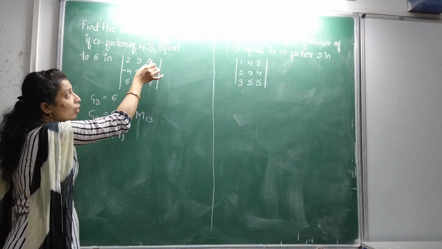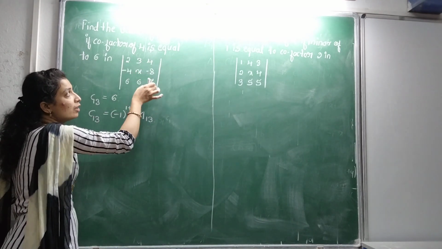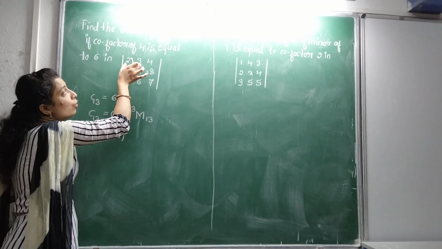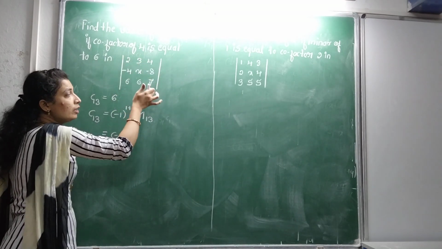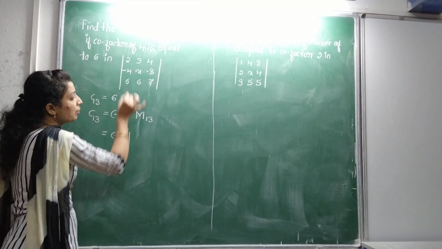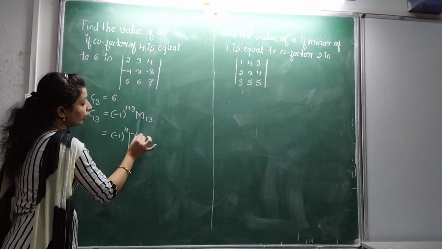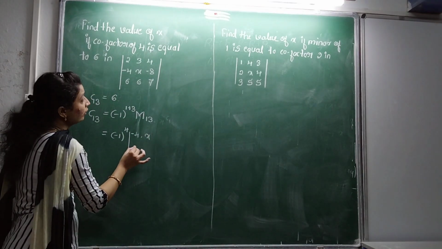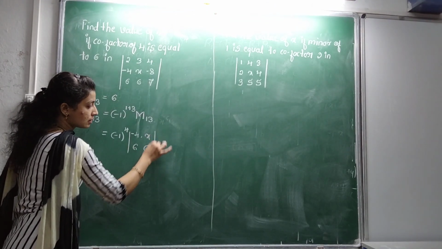It means here we have 4 in the first row and third column, so we have to leave the first row and third column. Leaving them, the remaining elements are minus 4, x and 6, 6.